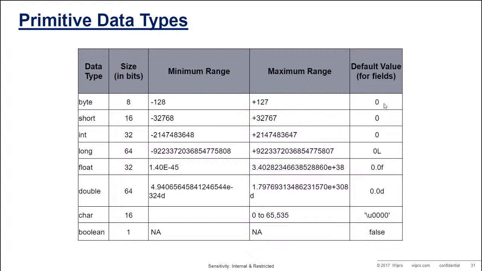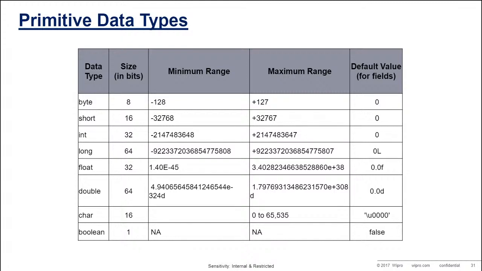So if you declare a byte b without assigning any value, the default value will be 0. But in C or C++, if you declare a variable like that and try to print it, you will get a garbage value displayed. Whereas in Java, there's no concept of garbage value, so it is going to display the default values.